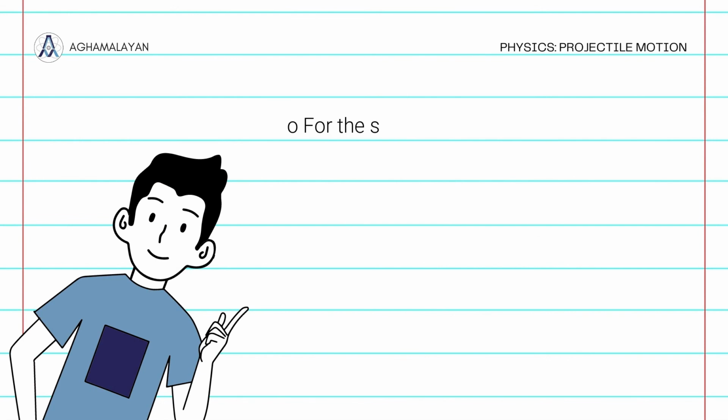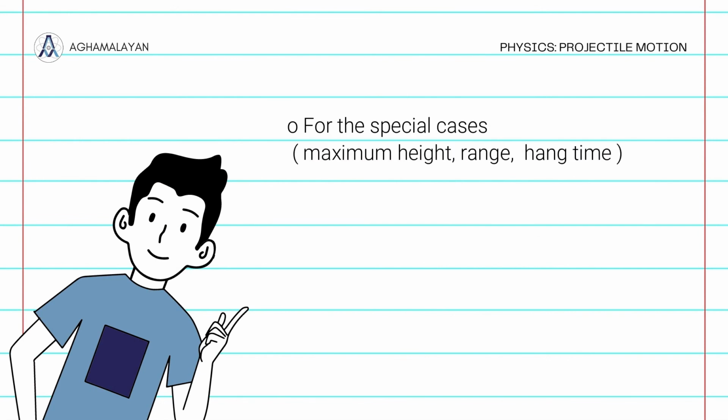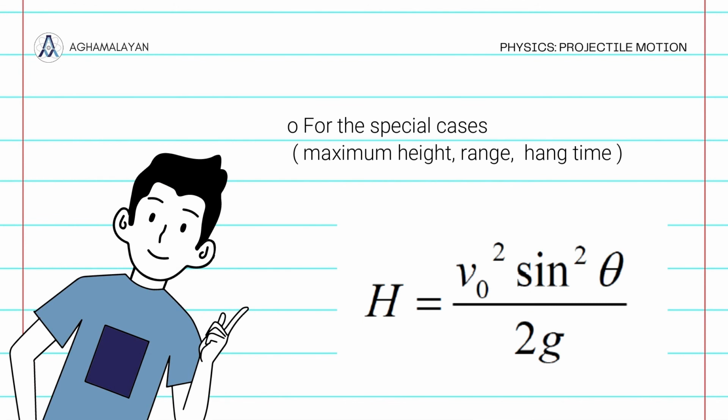Then for the special cases, the maximum height, the range, and the hang time. The maximum height will have the 2 above the sine. That's why there would be a 2 beside g in the denominator.